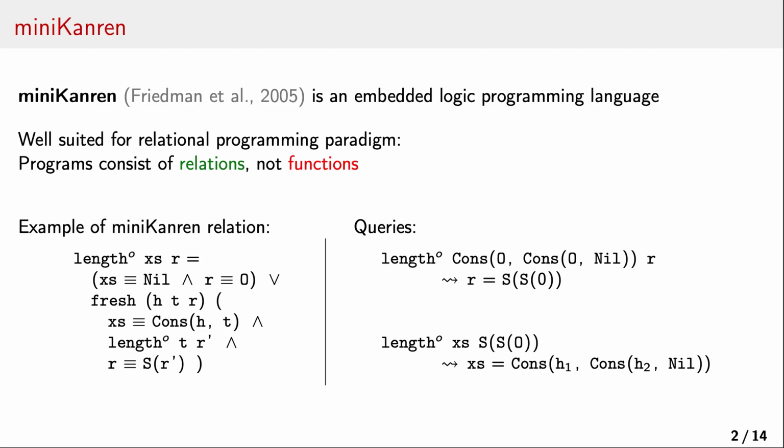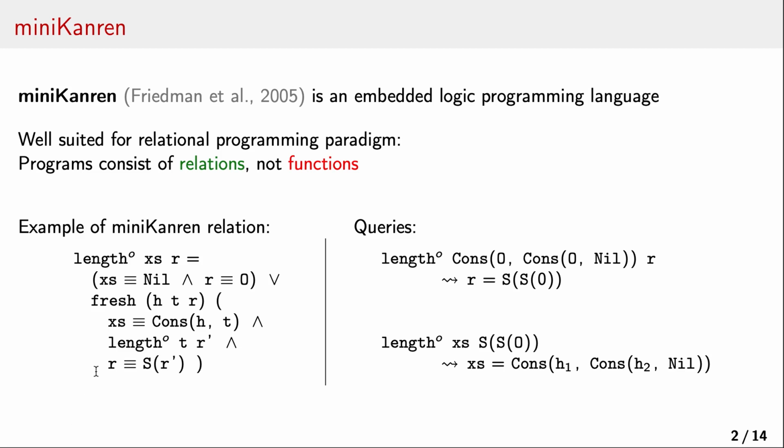Let's consider this example of a miniKanren relation for calculating length that we will use throughout this presentation. It has two arguments, the list and its length, and its body is a goal that describes how they are related. miniKanren has very few primitives for constructing goals, and basically all of them are shown in this example.